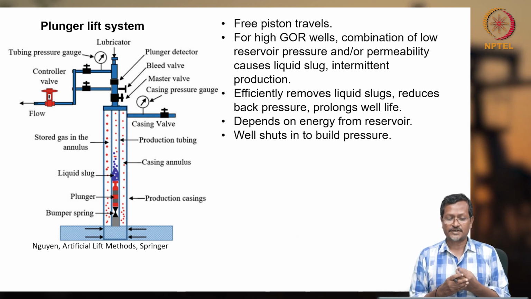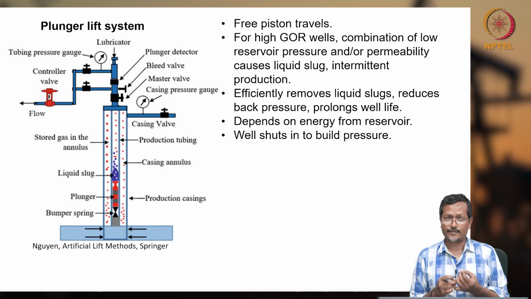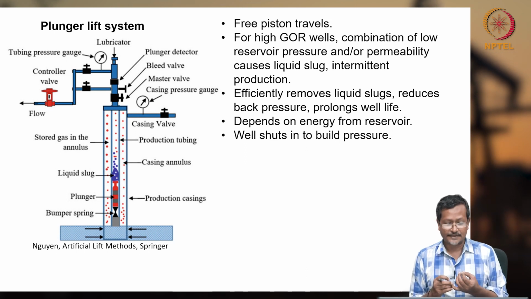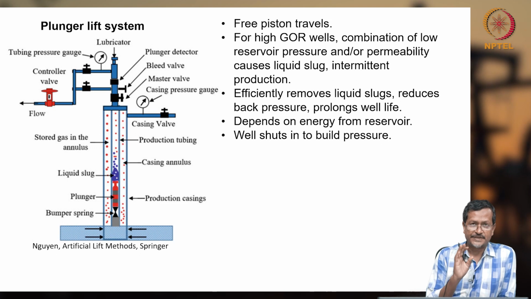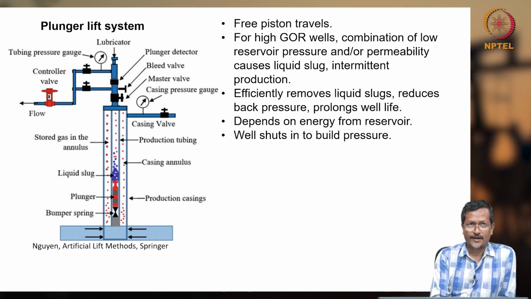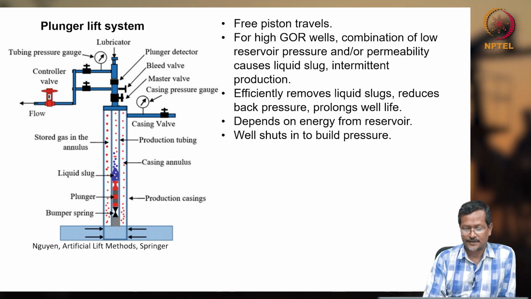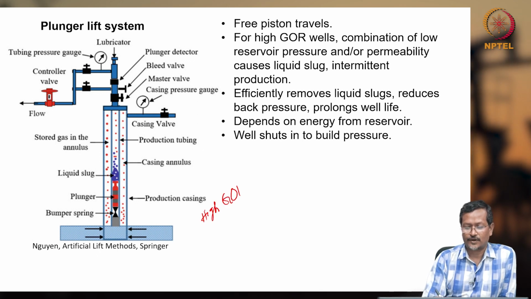This is called plunger lift system. In that case, you may or may not inject gas. Rather, whatever pressure is there in the reservoir, that pressure will be used to remove the liquid from the wellbore. Okay. The principle is the same for gas well deliquification. Basically, high gas oil ratio or gas liquid ratio.